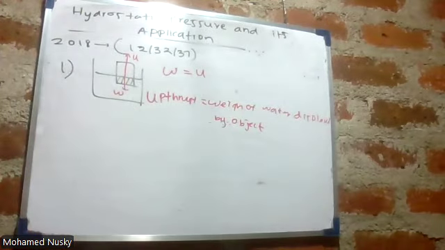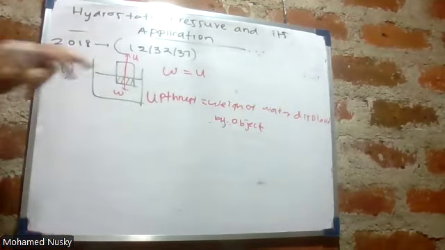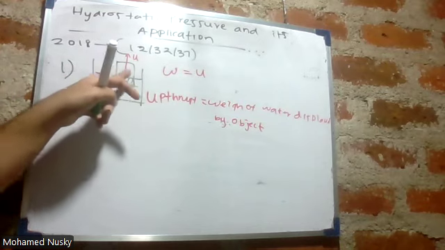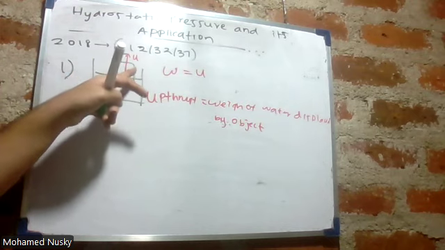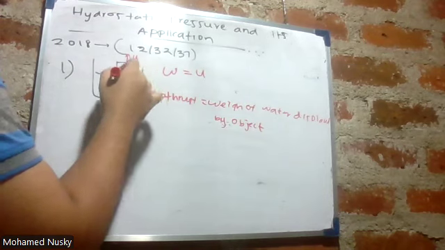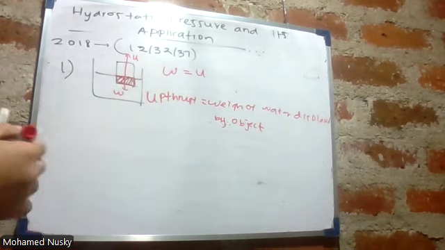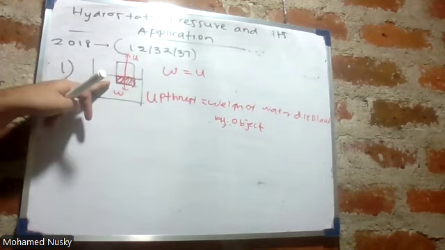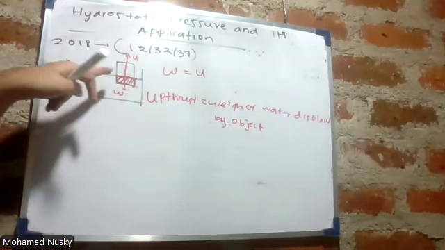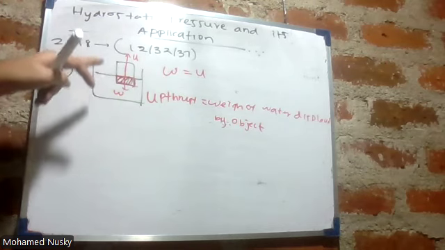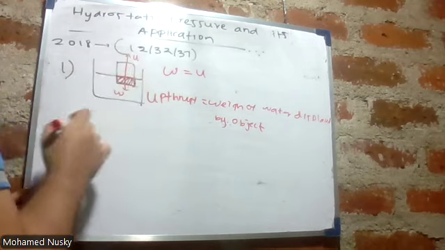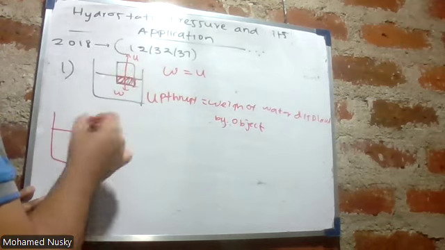Now, when this object is partially immersed in water, this part of this whole cube, here the shaded part of wood, is dipped into the water. Now, when that part is dipped into the water, the same volume of water will be displaced inside the container. Now, initially, let me take this is the level of water.